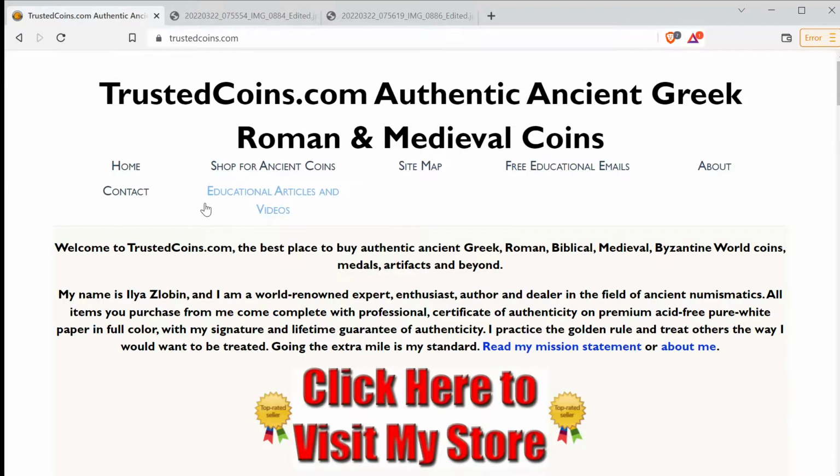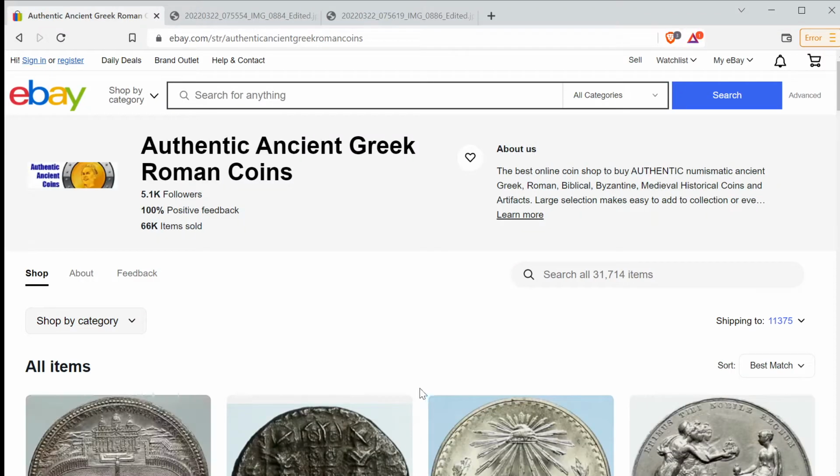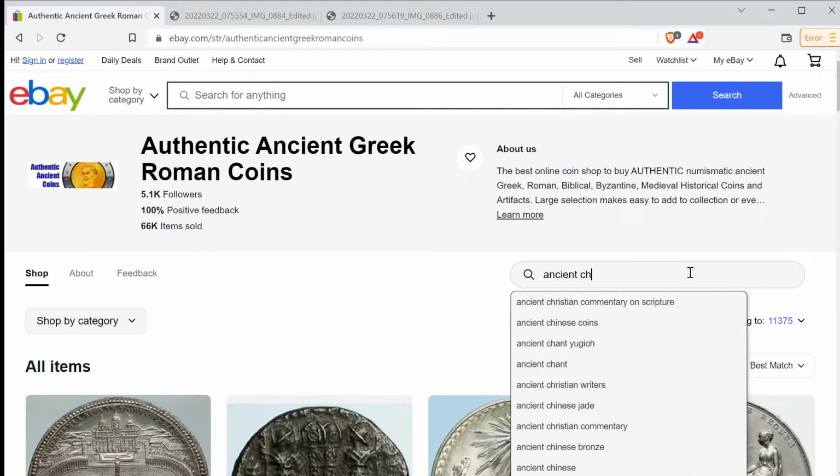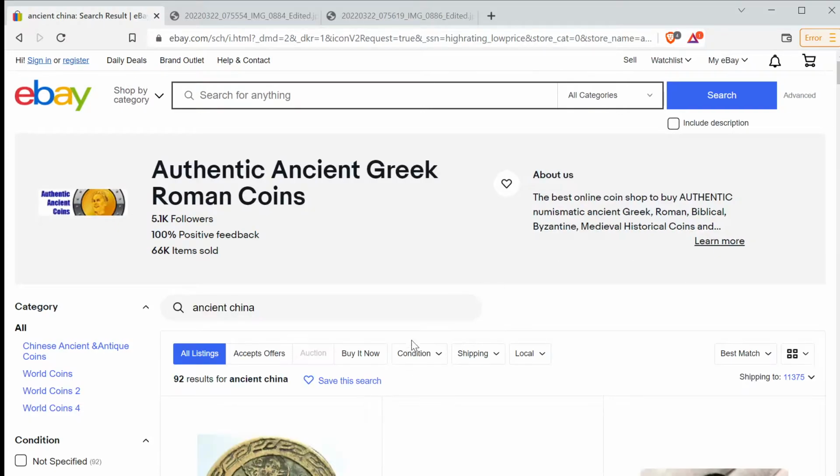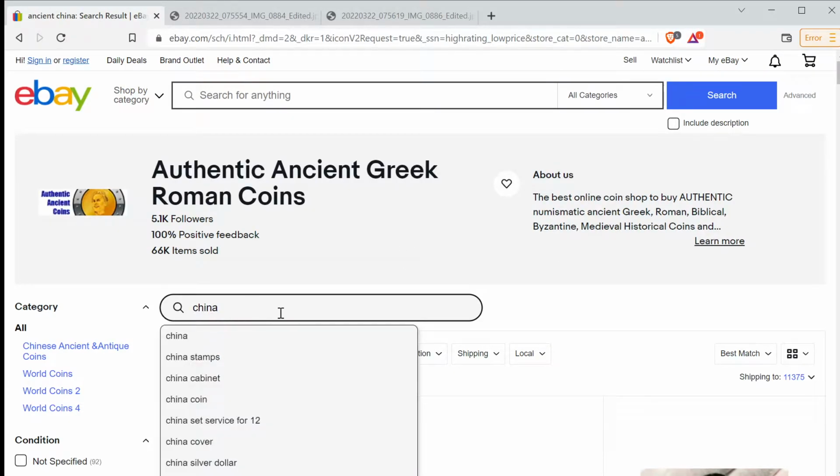The reason why I bring that up is that I have a lot of ancient Chinese coins for sale in my eBay store, and they're beautifully described. Let's just quickly explore them. Let's search for ancient China. So go to my site TrustedCoins.com or just China, maybe cash.